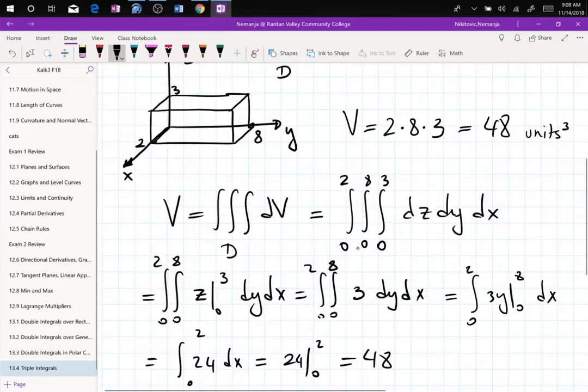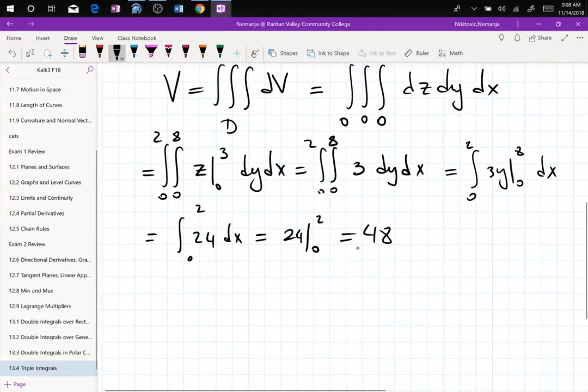So if you have a rectangular integral in triple integration, we can write it as a rectangular triple integral.